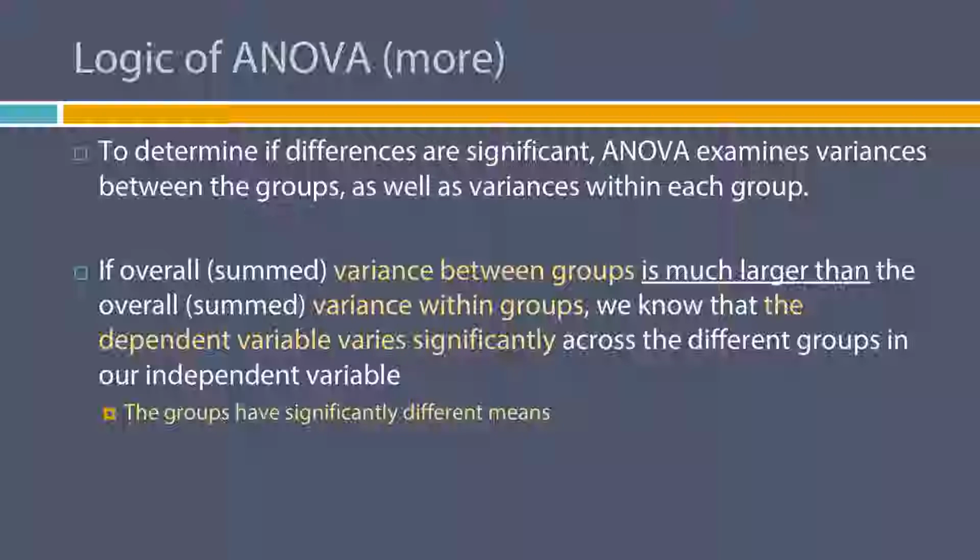But that also means that this last part, the dependent variable, so income, differs significantly across the different groups. So that means that blacks have different mean incomes than whites, have different mean incomes than others, then have different mean incomes than Asians, and so on and so forth. This means that the groups have significantly different means.